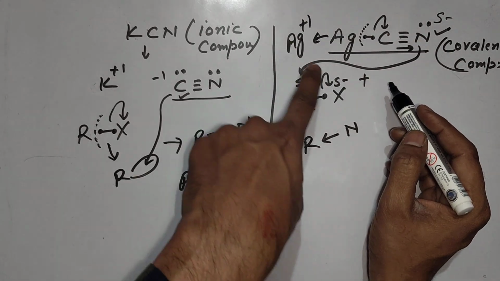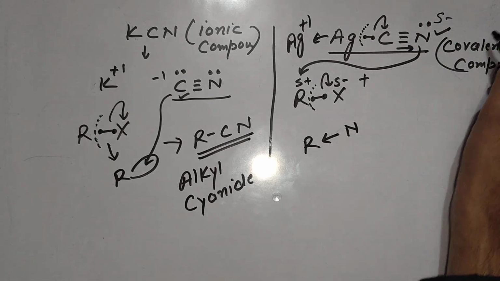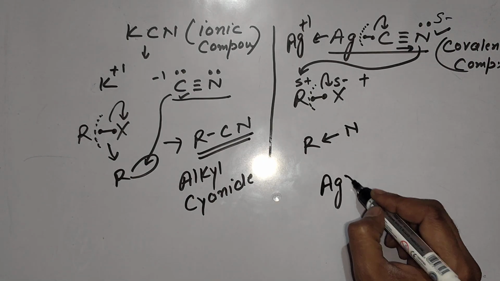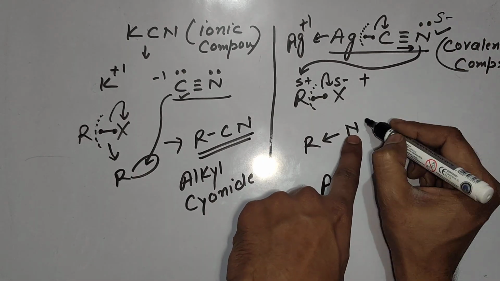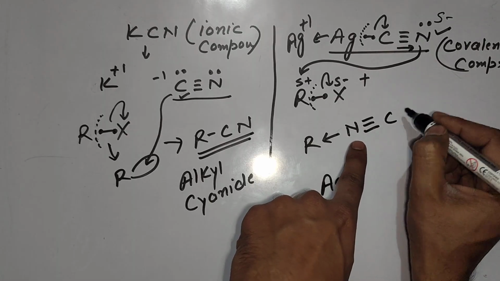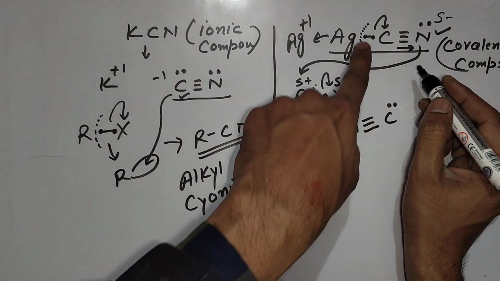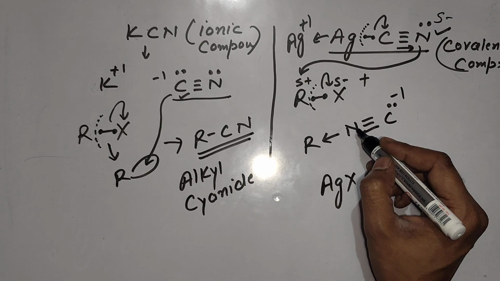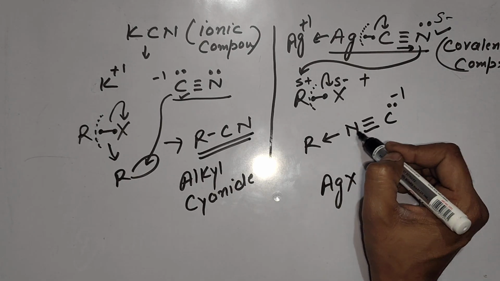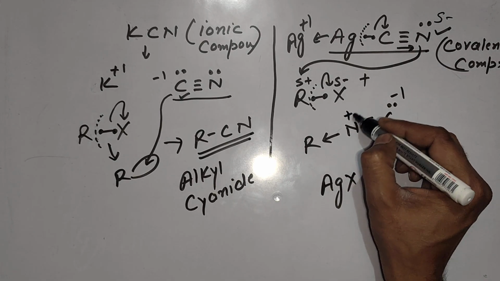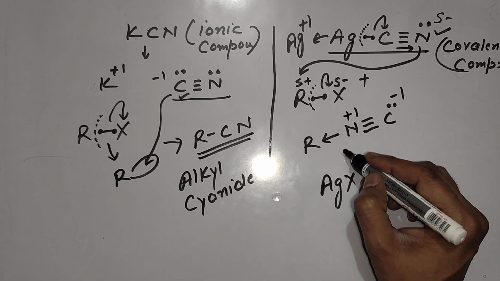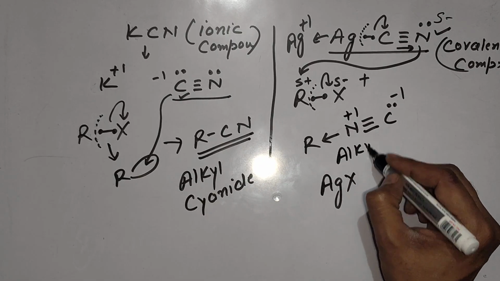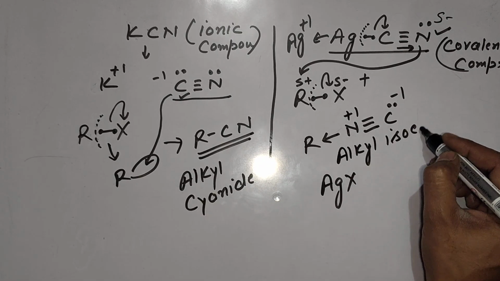Ag plus 1 will be satisfied by X. So the side product will be AgX. And 3 bonds will remain as they are, and this carbon, because it is carrying an extra electron of silver, will get a negative charge. And nitrogen, because it is making a coordinate bond, a fourth bond, will carry a plus 1 charge. Now what is this compound? This is alkyl isocyanide.